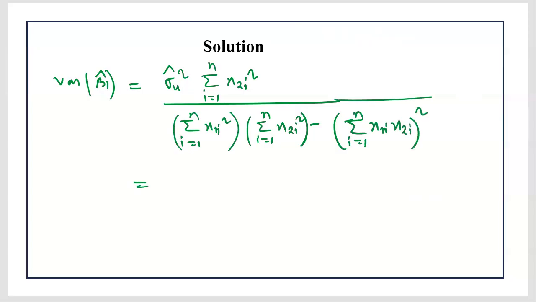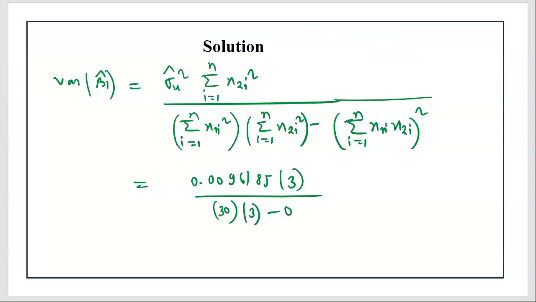So sigma, this value we calculated beforehand, is 0.009618. Then you have 3 in the numerator. In the denominator, you have 30 into 3 minus 0. So this value will come out to be 0.000326, with three zeros and then this.